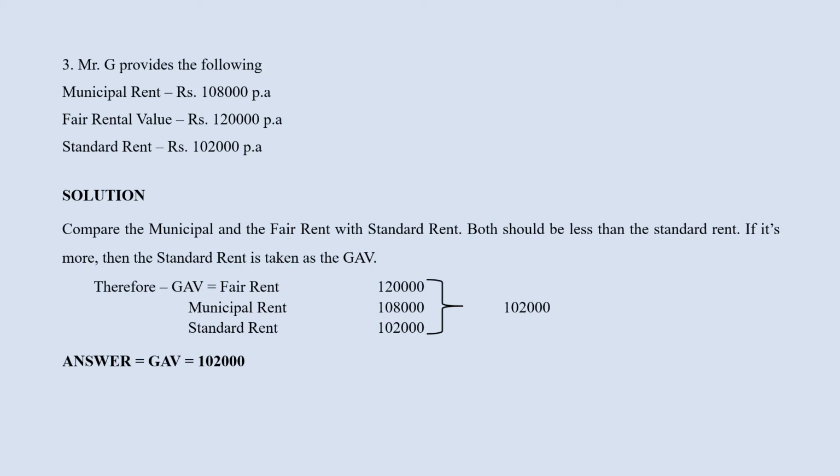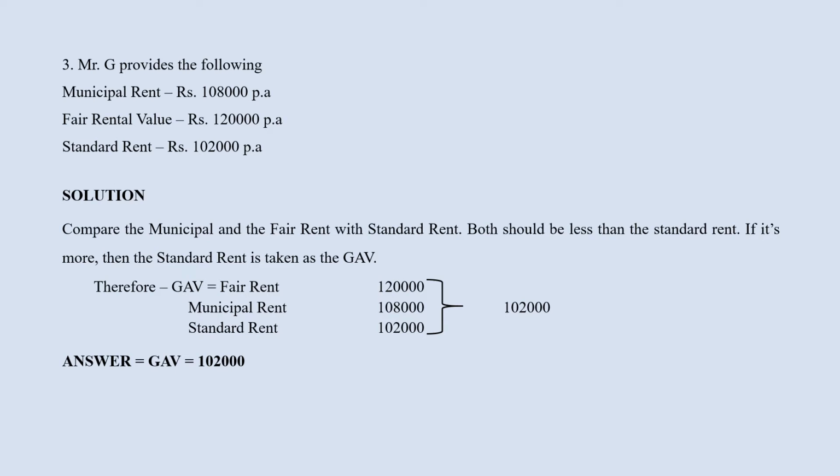In the third sum, Mr. G provides the following. Municipal rent is 1,08,000 per annum. Fair rental value is 1,20,000 per annum. And standard rent is 1,02,000 per annum. So now we are going to compare because actual rent is not given to you. You are going to compare the three values that is given.